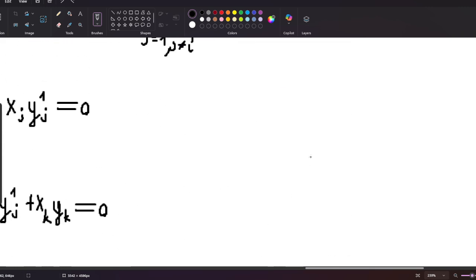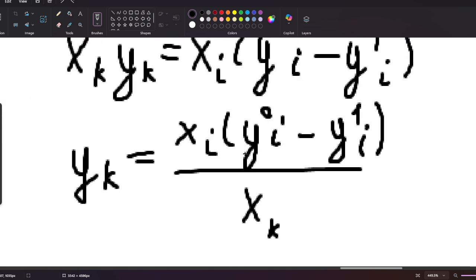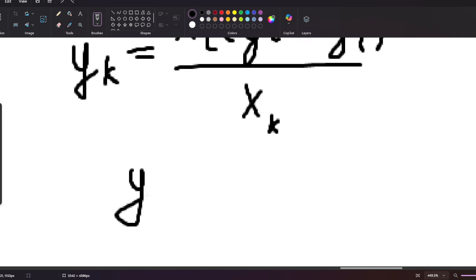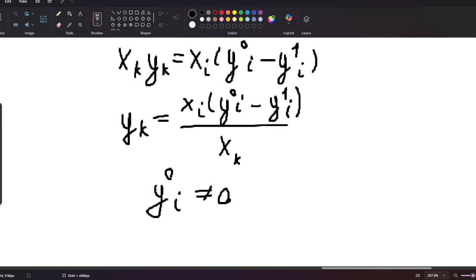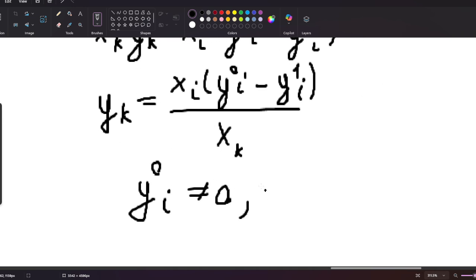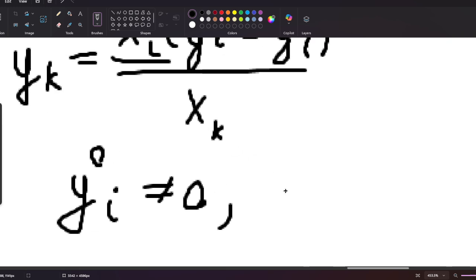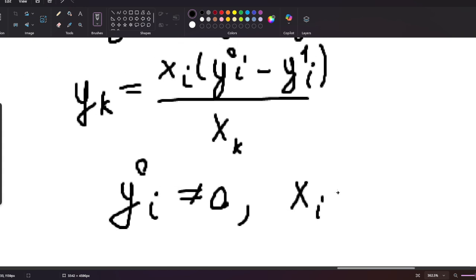So, since we're working with induction, we're implying that we could choose the tuple for previous spaces, so y0i is not equal to 0. We have said that no elements of x are equal to 0, so xi is not equal to 0, and even if there were, the equation would match easily anyways.